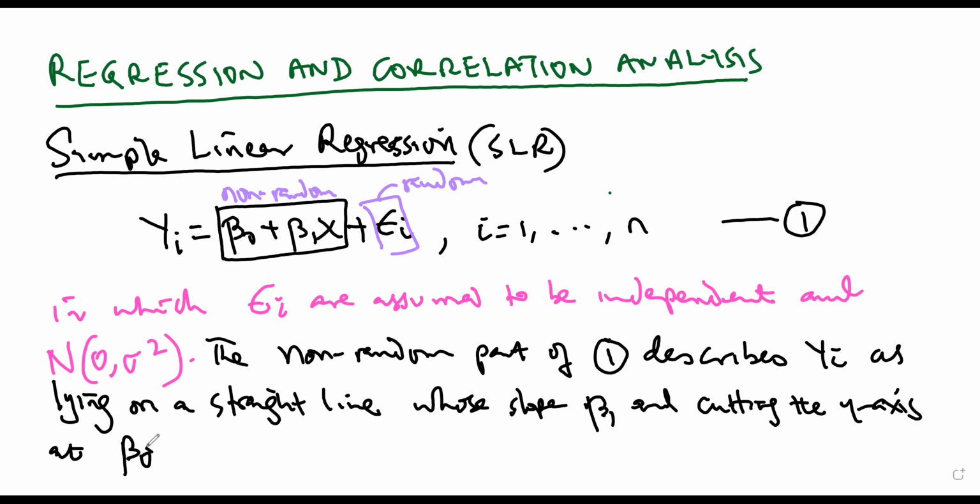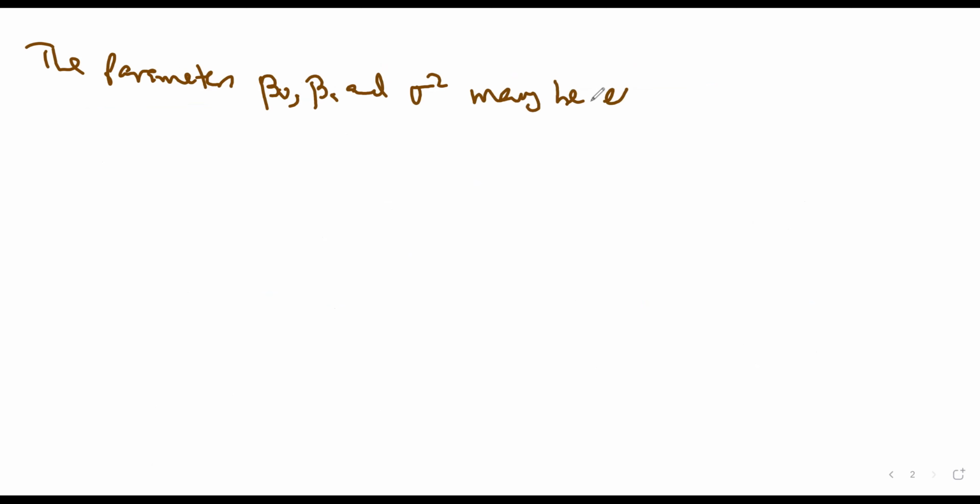Then we say that the parameters beta naught, beta 1, and sigma squared may be estimated using, we mentioned that there are other methods, but we are only referring to this particular method, the OLS method.